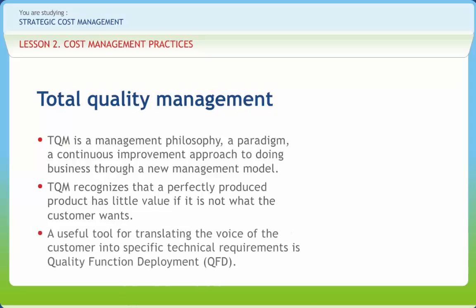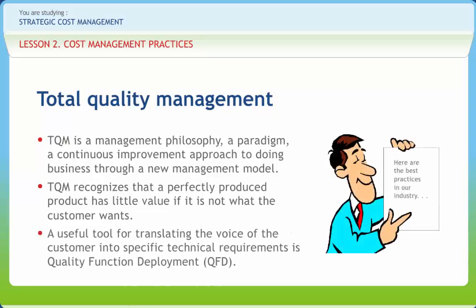A useful tool for translating the voice of the customer into specific technical requirements is Quality Function Deployment (QFD). QFD begins by identifying important customer requirements, which typically come from the marketing department. An important dimension of product design is that the product functions as expected. This is called reliability.